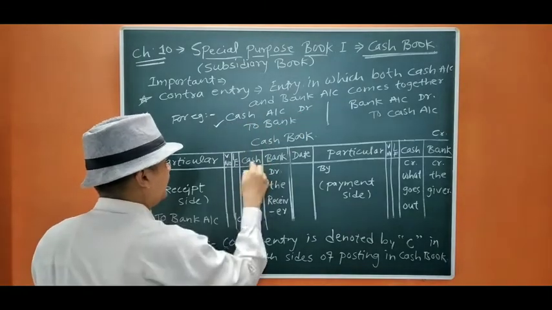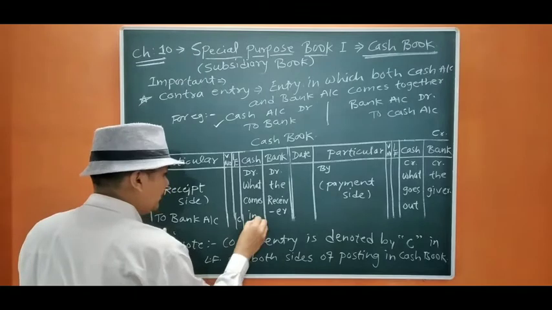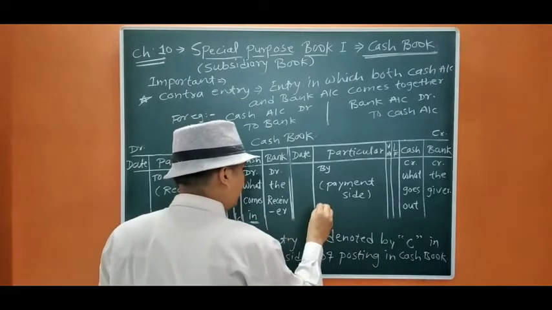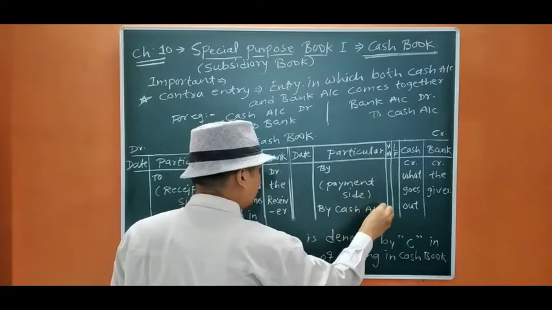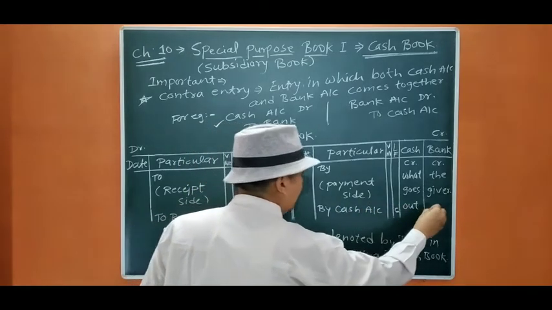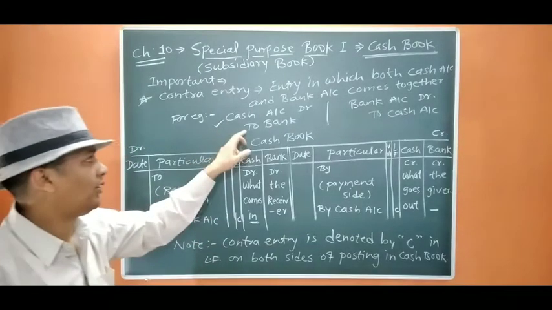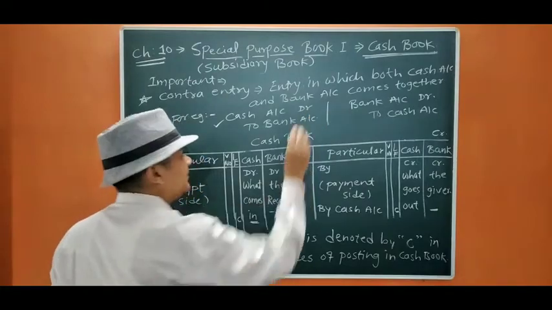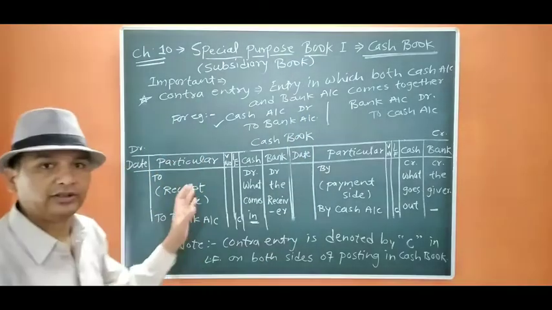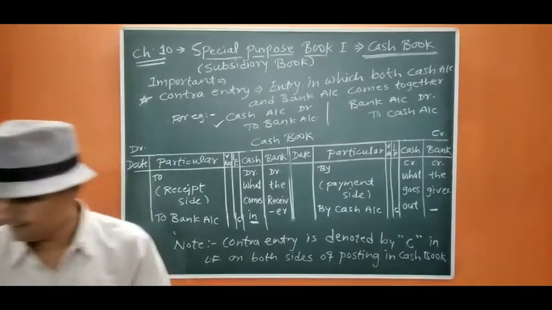So this is the debit side of cash, the amount will be written here, okay, and on this side you are going to write 'by cash account' for the same entry, contra, and the amount you are going to write in the credit side of bank account, okay. This is bank account. Is it very clear? So this is very important, you should remember, okay.